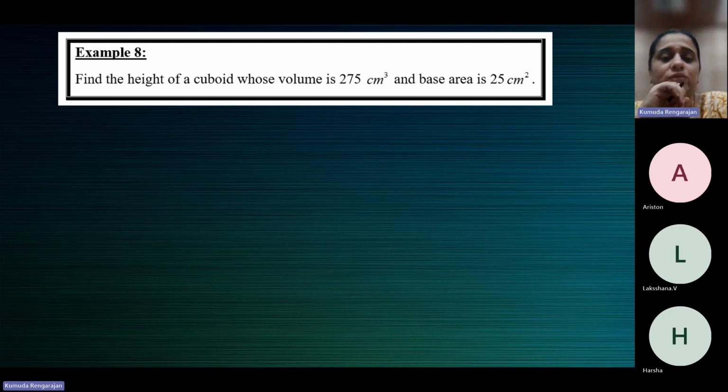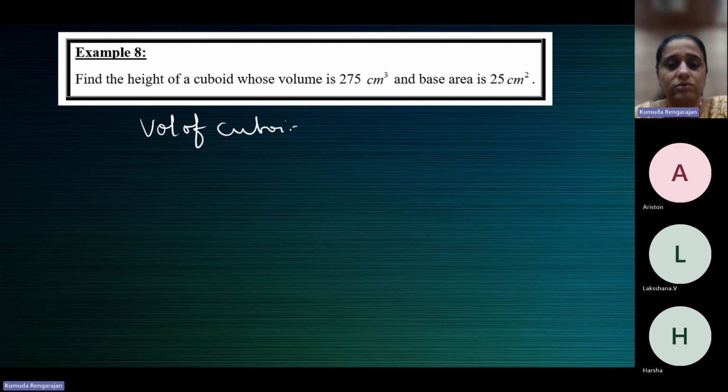This is in NCERT, the last exercise, 11.4. Here, find the height of a cuboid whose volume is given and base area is given. We know the formula to find the volume of a cuboid: volume of cuboid is equal to L into B into H, where L into B is the base area. What is the base of a cuboid?